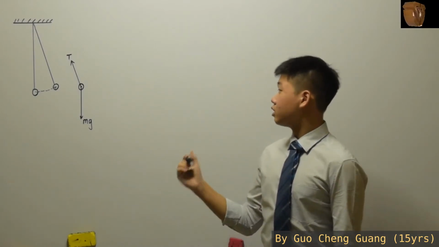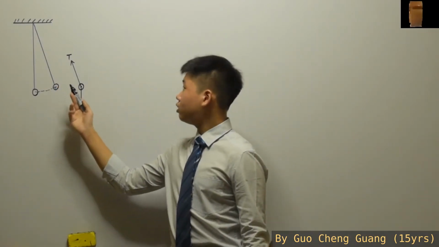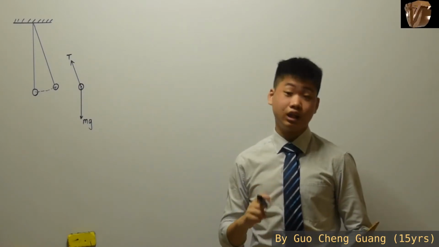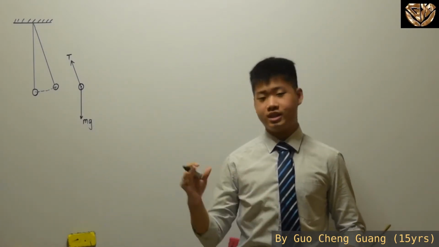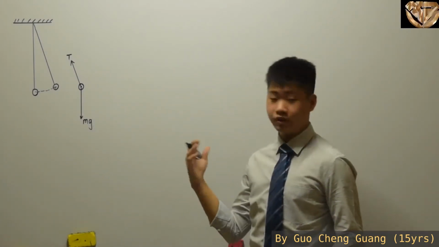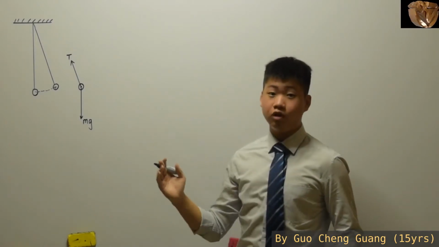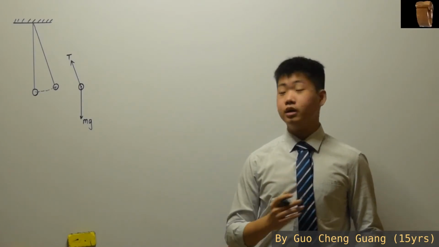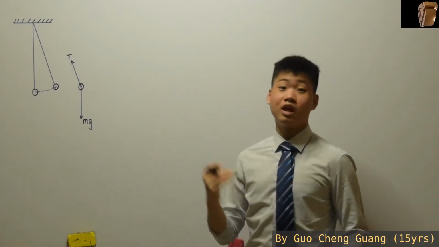If you have thought about it, when you have this string pulling it with a tension force, and it is moving in an arc, in a circular motion, well, maybe not exactly a full circle, you get a point similar to whatever you would have learned in circular motion. One of them you might know as centripetal, while the other is tangential.